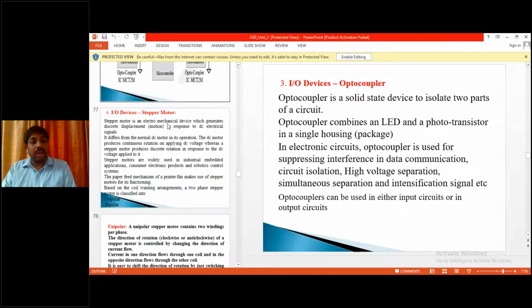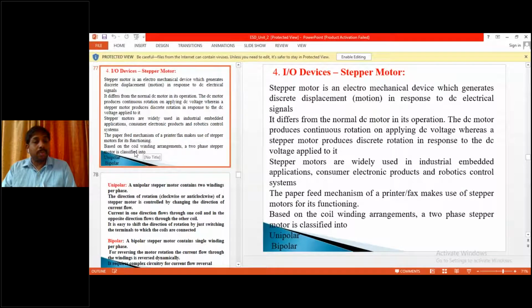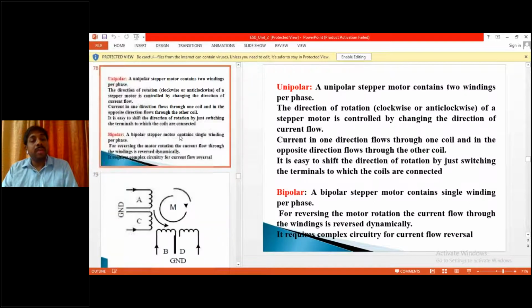And the next input output device is a stepper motor. A stepper motor is an electromechanical device which generates a discrete displacement. If you apply a DC voltage, it does a rotation in discrete fashion compared to normal motors. And this stepper motor is available in two forms: two-phase, and this two-phase stepper motor is classified into two types: unipolar and bipolar. What does unipolar mean?